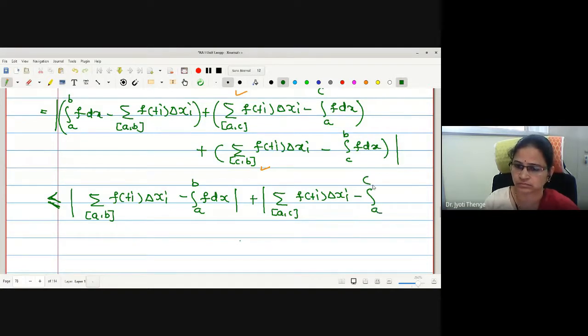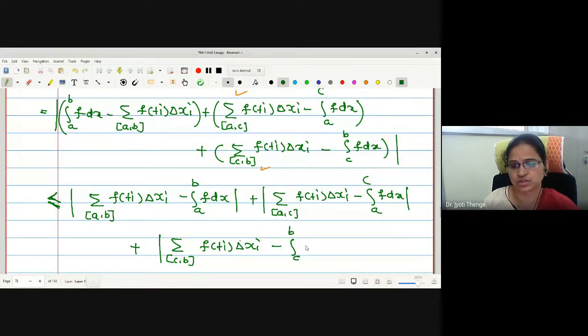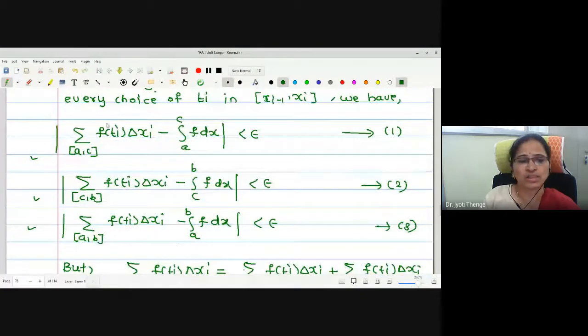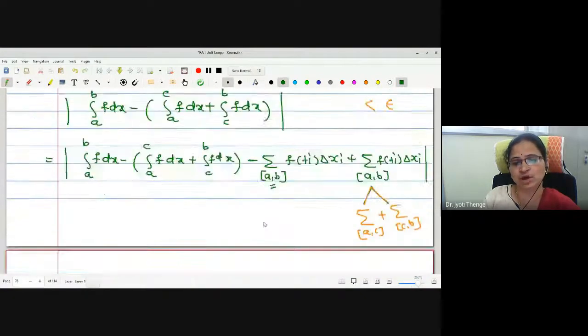Added with the third term, summation on CB f of pi delta xi minus integration CB f dx. Okay. But we know from this 1, 2, 3, all these modulus values are less than epsilon.